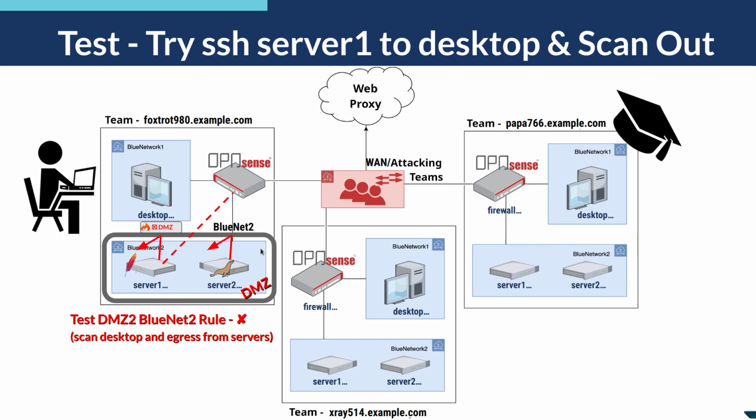You want egress restrictions because, say you haven't patched your Apache web server, and it's vulnerable and it gets hacked. Someone on the net pwns your server 1, your web server, and now they can pivot to anywhere in your company. So that's part of what a DMZ does, it protects the rest of your company from that.